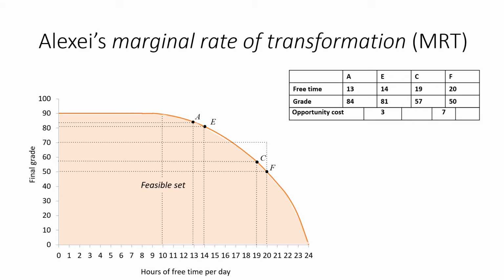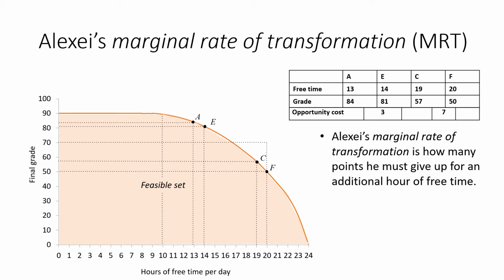As we saw before, Alexei's marginal product, or his MP, is the slope of his production function. Alexei's MRS, his marginal rate of substitution, is the slope of his indifference curve. The slope of Alexei's feasible frontier is called his marginal rate of transformation.